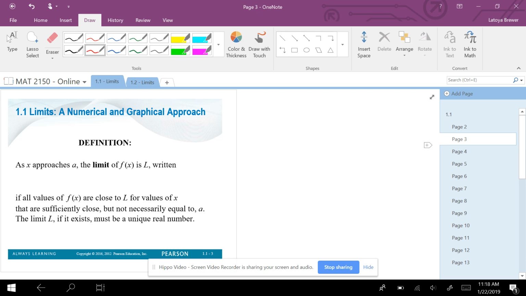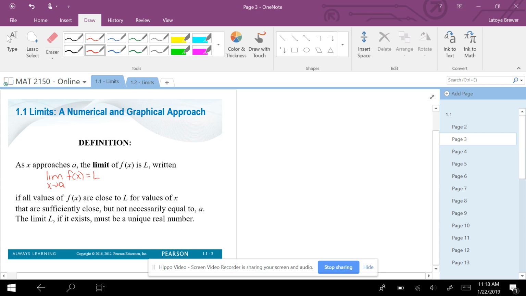So your definition: as x approaches a, the limit of f of x is L. And the way it's written is the limit as x approaches a of f of x is equal to L. And before I go any further, I would advise you guys to print out your PowerPoint and have it ready, so you can fill this in and you can follow me here so you understand what's going on.